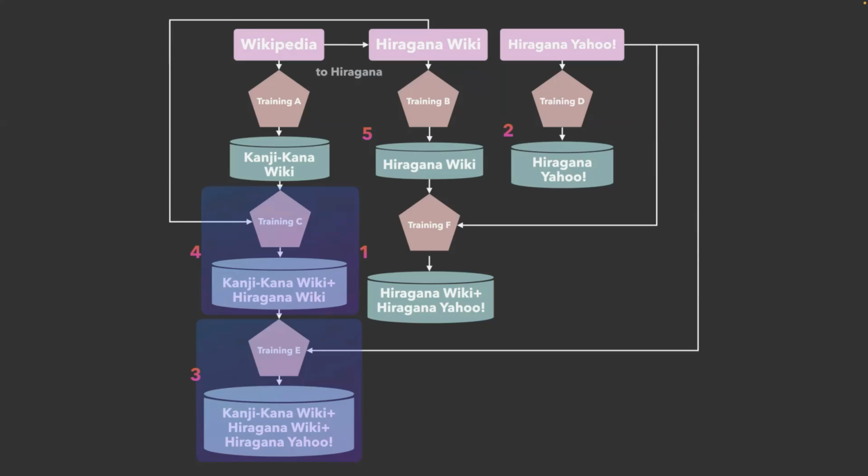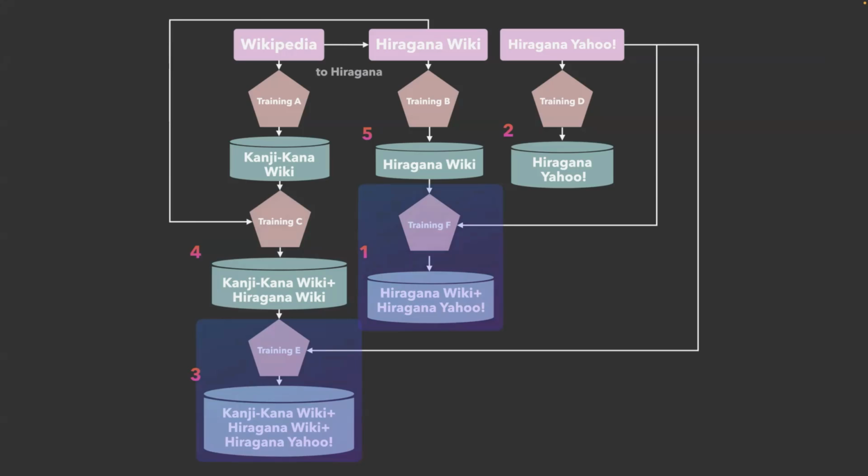This confirms the effectiveness of fine-tuning using data from Wikipedia and Yahoo Answers. On the other hand, between the Hiragana Wiki plus Hiragana Yahoo model and the Hiragana Yahoo model, the accuracy of the Hiragana Wiki plus Hiragana Yahoo model was higher.